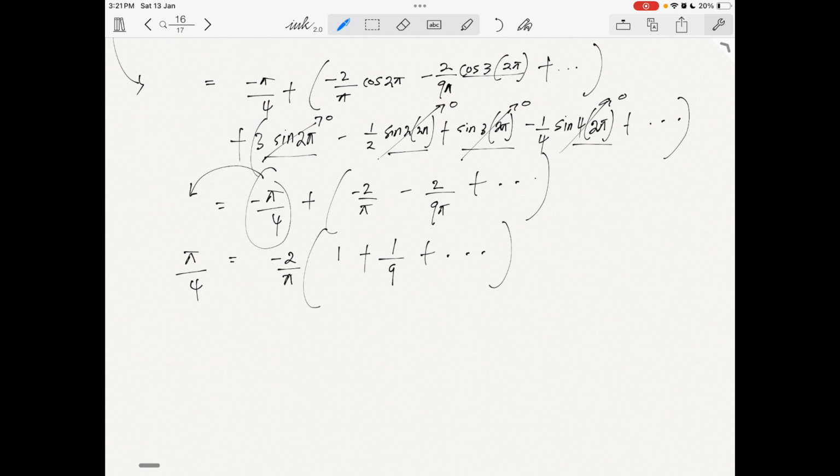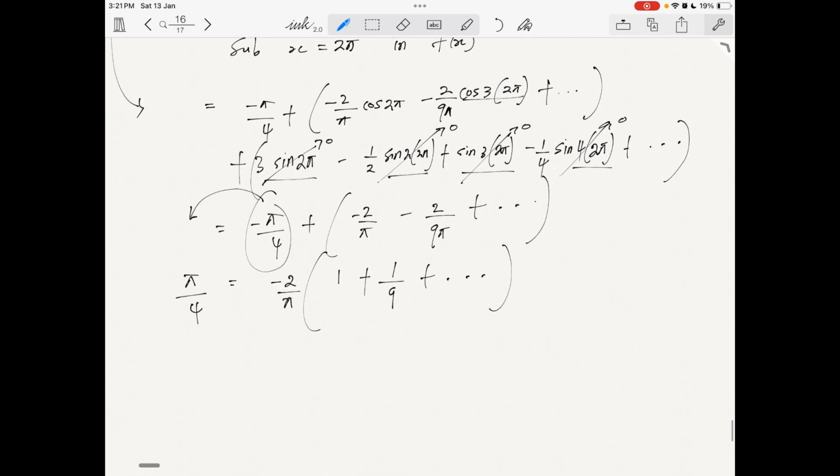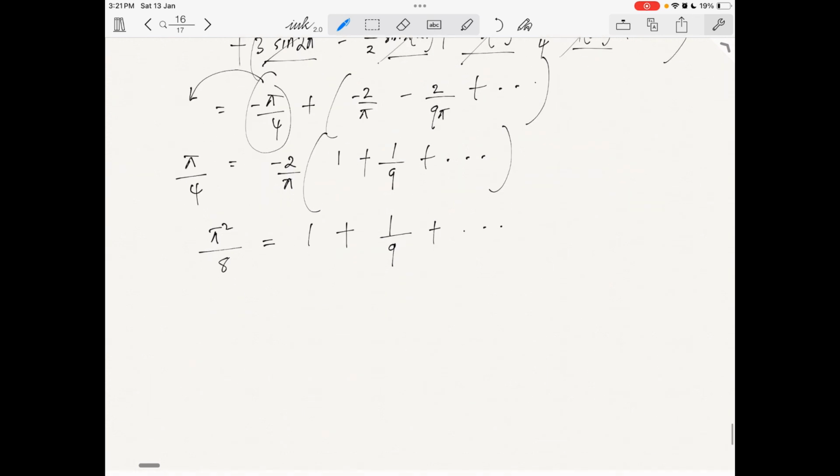So when we multiply both sides, we have it to be pi squared over 8 is equals to 1 plus 1 over 9 plus dot dot dot.